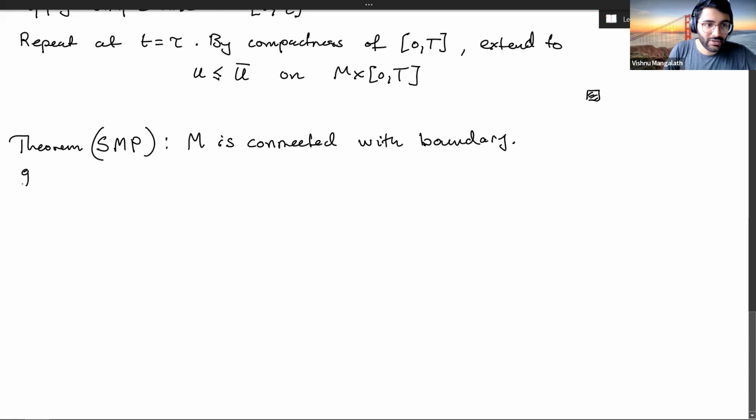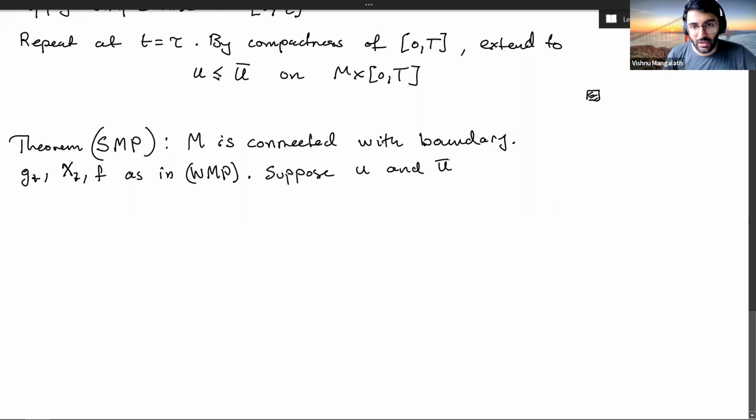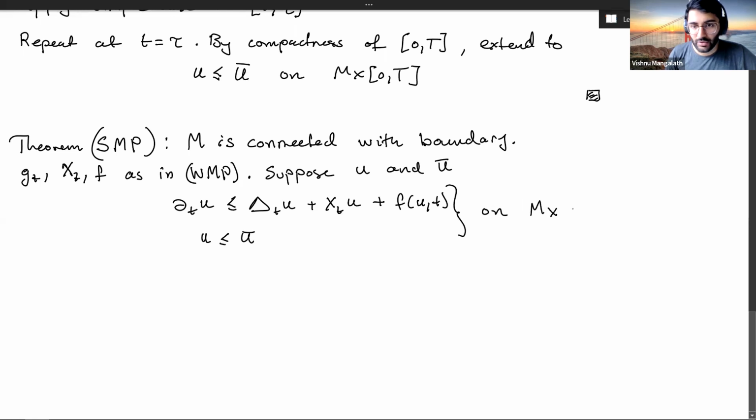And you have the metric g_t, the vector field X_t, and f as before, as in the weak maximum principle. And suppose that for u and u bar, as before, assume they're smooth, we have partial t u less than or equal to the Laplacian of u plus X_t applied to u plus f of u comma t, and u is less than or equal to u bar, where both of these are on M cross (0, T).